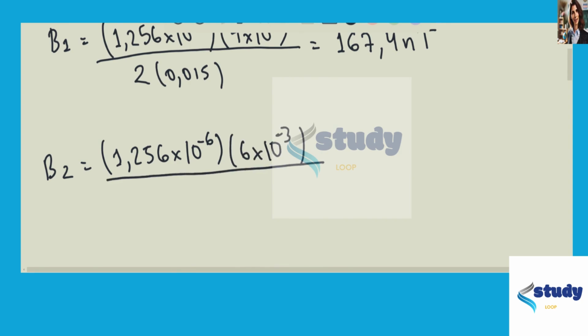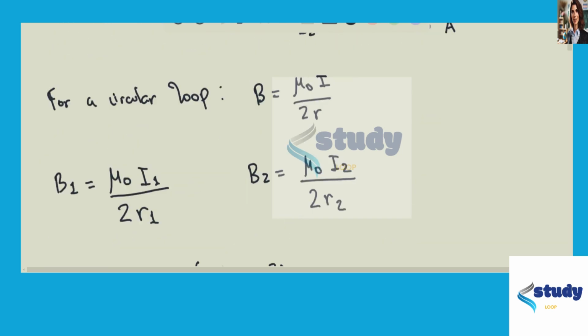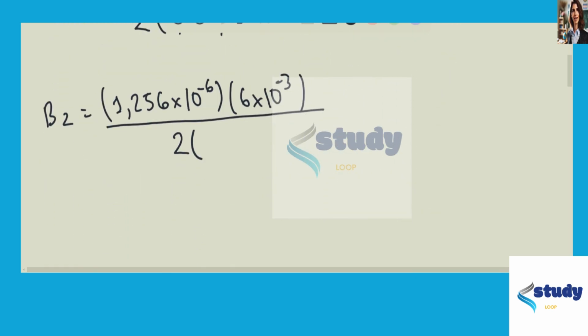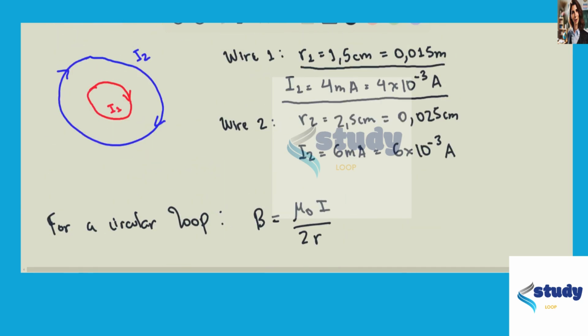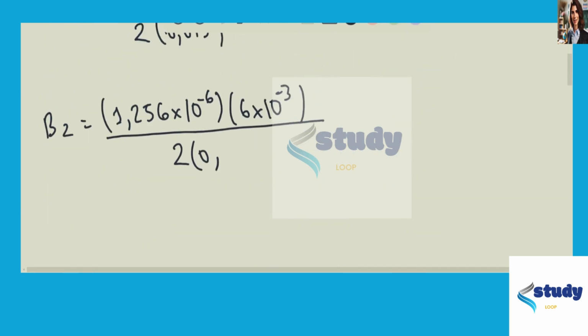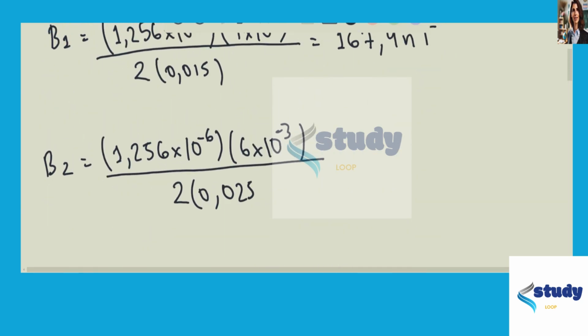And this is over 2 times the radius of that loop, which is 0.025. This loop is, as you can see, bigger, so the field will be 150.72 nanotesla.